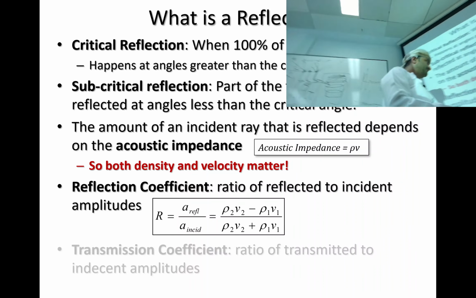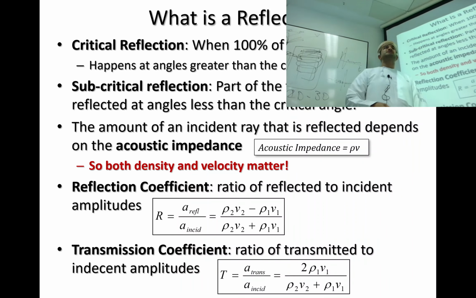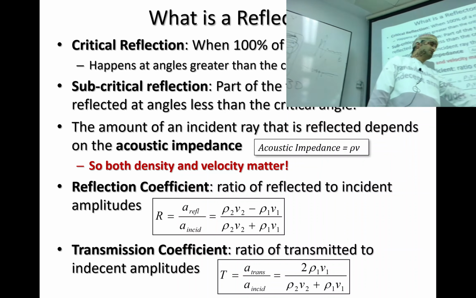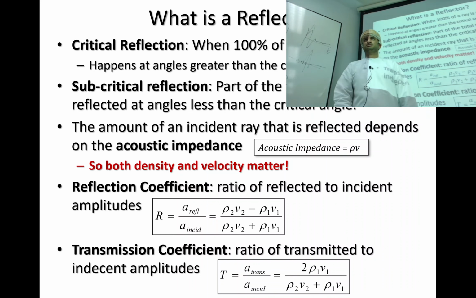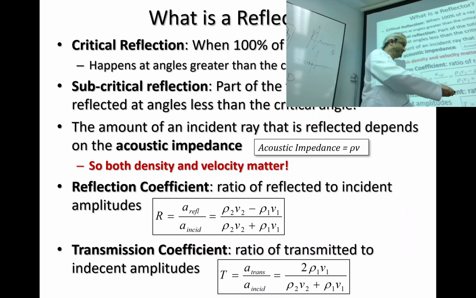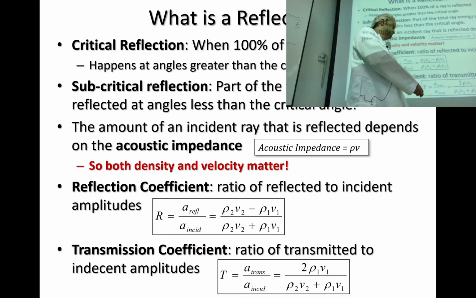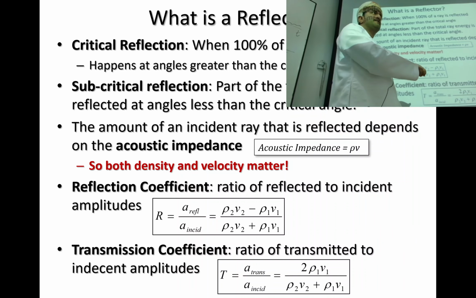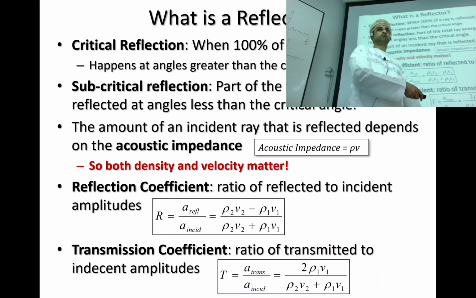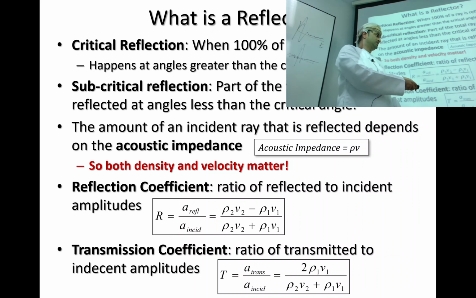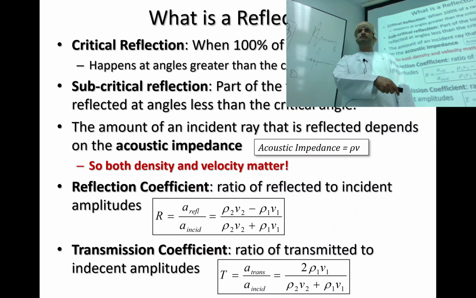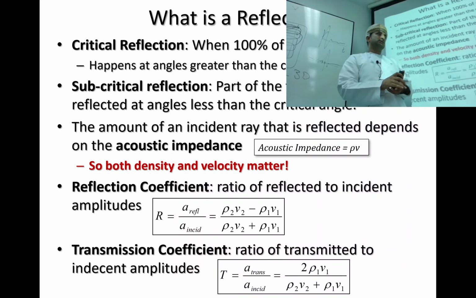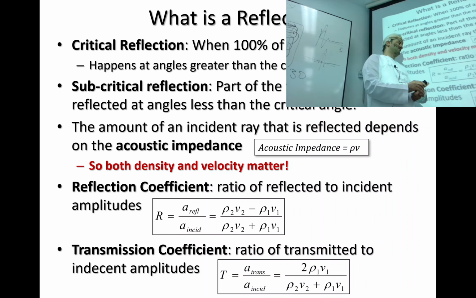That's the reflectivity series. There is also how much energy is transmitted. There is some transmission, so the transmitted energy is as such: 2 times the acoustic impedance of the upper layer, density times velocity, divided by the sum of the acoustic impedances of the layers along the interface, any interface.